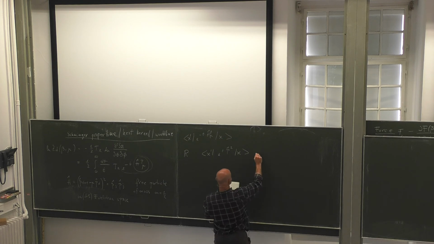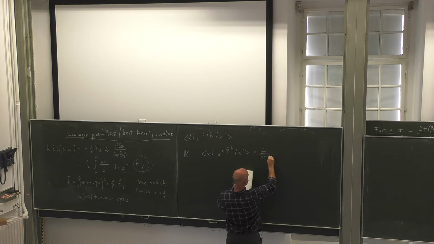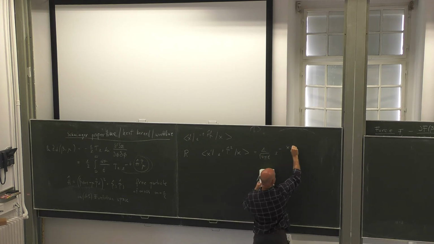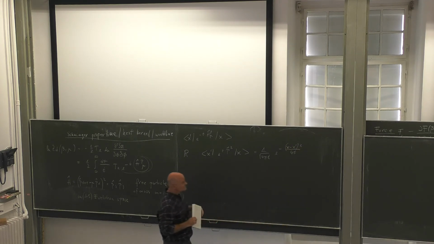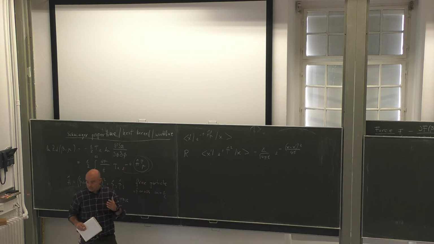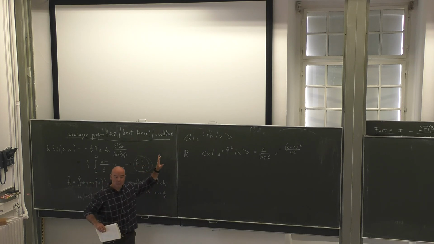And the solution is, of course, very well known. It's 1 over square root of 4 pi t, exponential minus (x prime minus x) squared over 4t. So all of these Seeley-DeWitt coefficients and all of these things start from this heat kernel in flat space, and then you do perturbation around that.